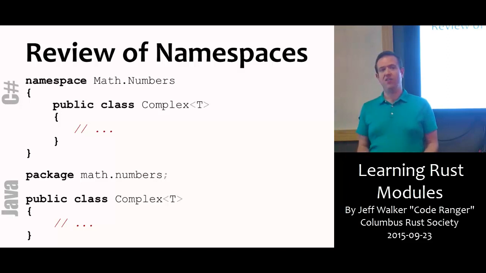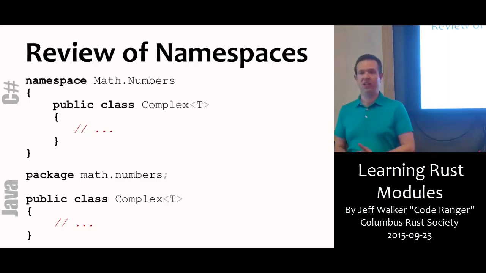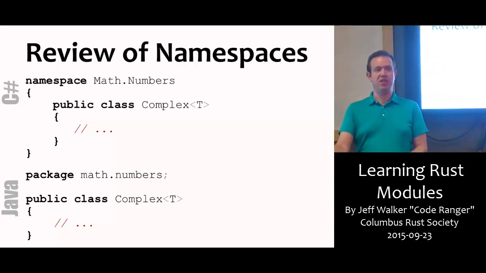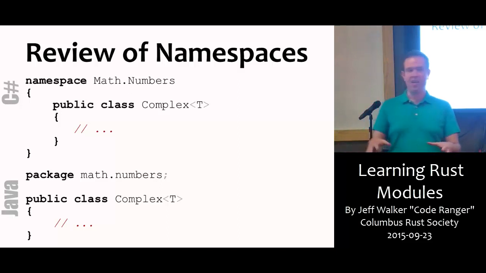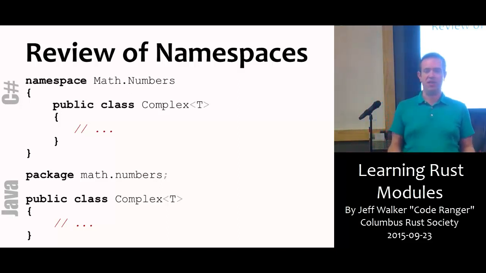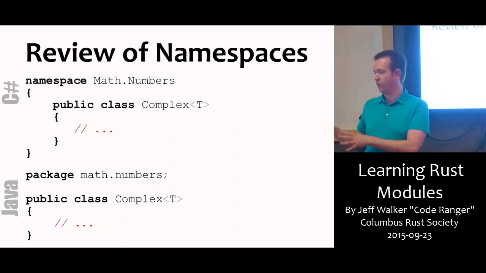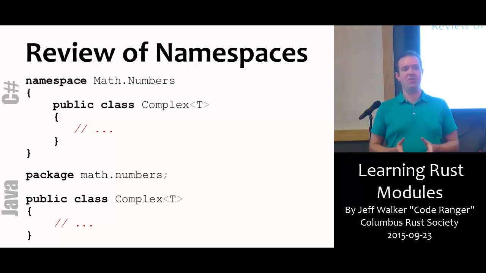When we compile these languages, we're really giving it a whole list of files and saying, here, compile all these files together. The compiler's going to assemble those, look at the namespace declarations, and put those types where they belong in those namespaces, right? That's the perspective I came from.